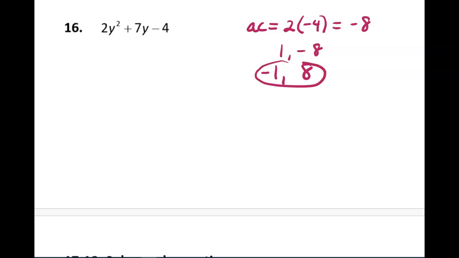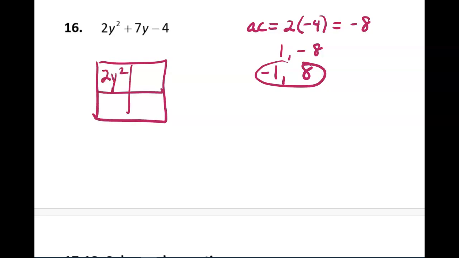that we want. Now I'm just going to make a box, and I'm going to write 2y squared in the top left, negative 1y in the top right, 8y in the bottom left, and minus 4 in the bottom right.